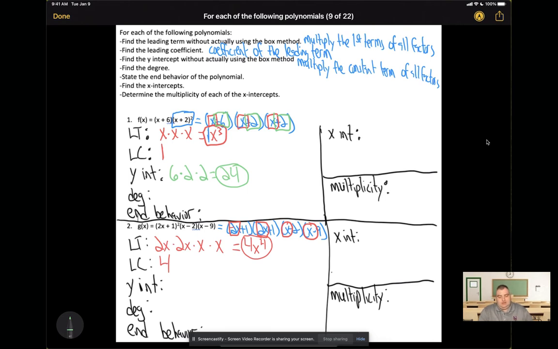For number 2, my constant terms are 1, 1, -2, and -9. Multiplying all those together, that's 1 times 1 times -2 times -9. So 1 times 1 is 1, times -2 is -2, times -9 is positive 18.